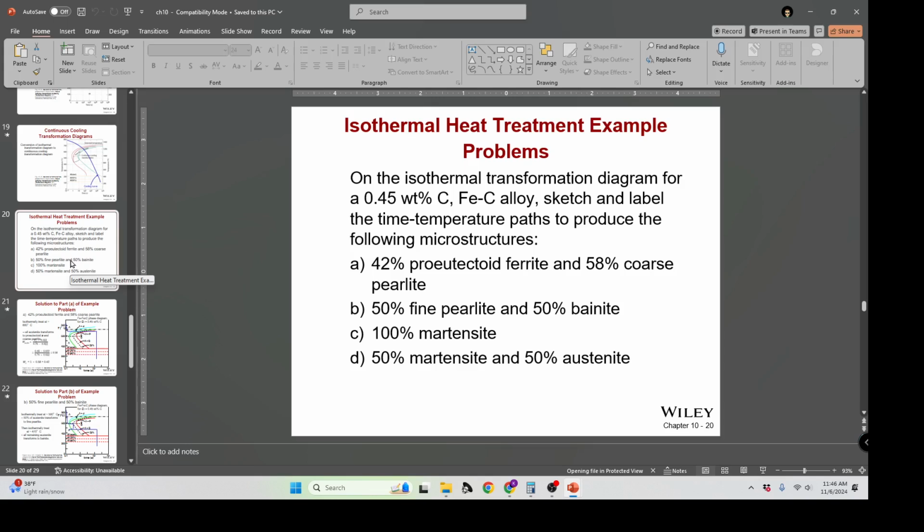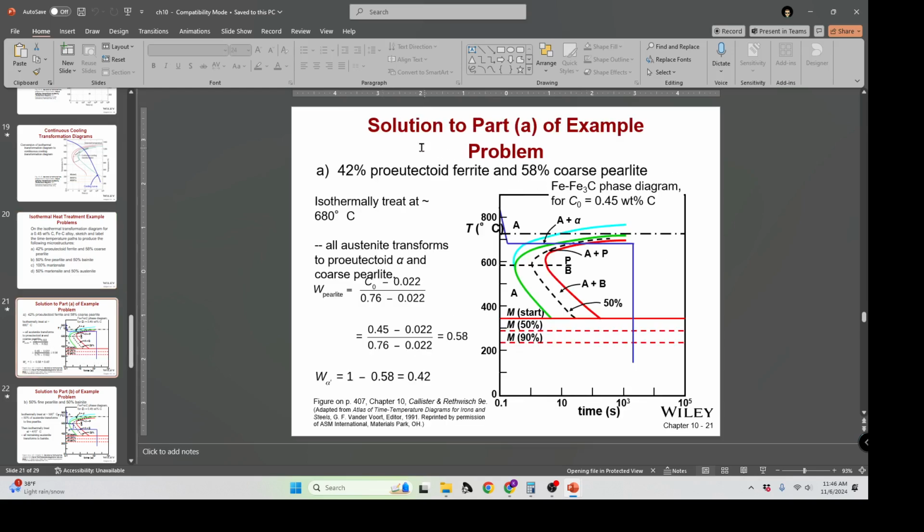But if we look at some specific examples, they give us a few different variations. 42% pro-eutectoid and 58% coarse pearlite. To get there, we would have to isothermally treat at 680C and then cool precipitously below that point.